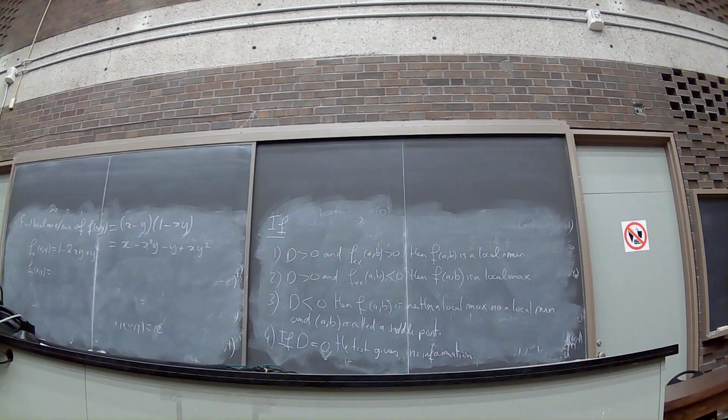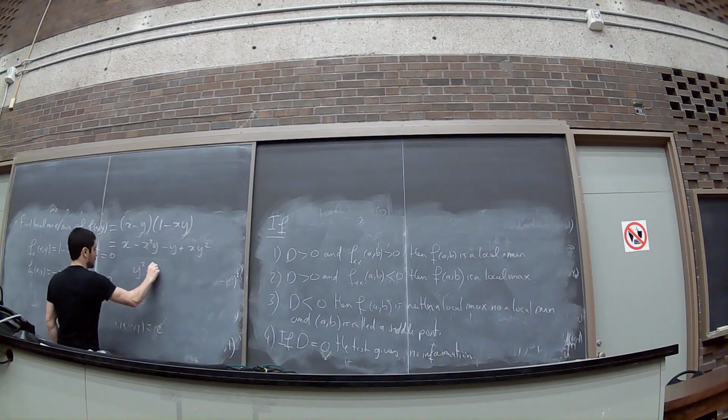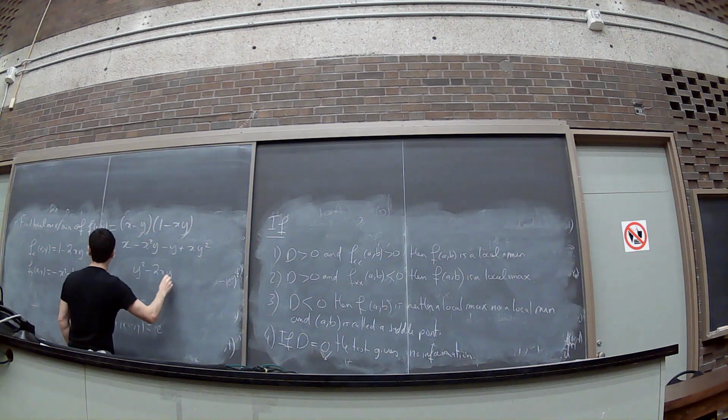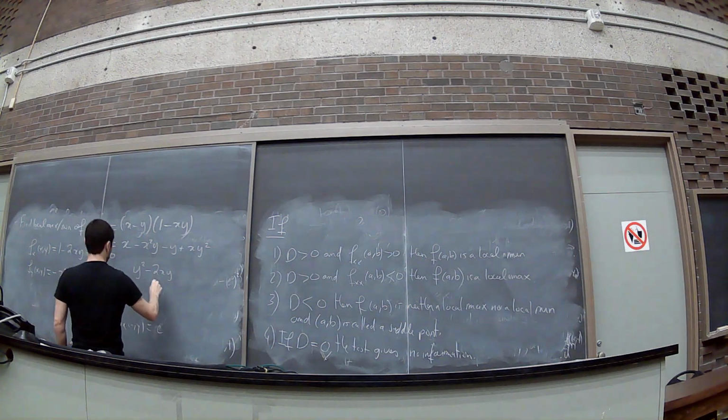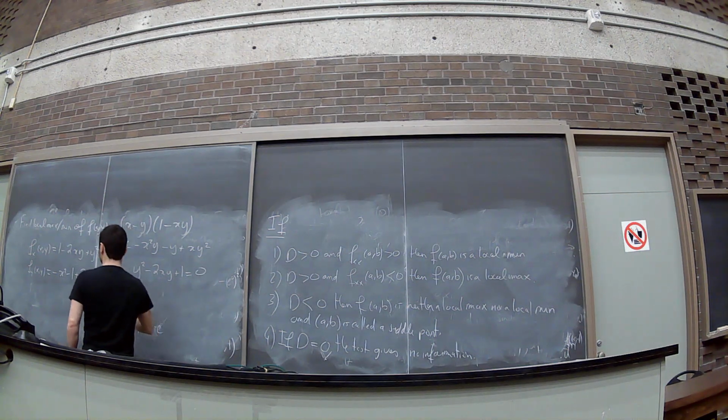That looks bad. So what do you get? You get minus x squared minus 1 plus 2xy equals 0. Let's see what we get here. We get y squared minus 2xy plus 1 is equal to 0.